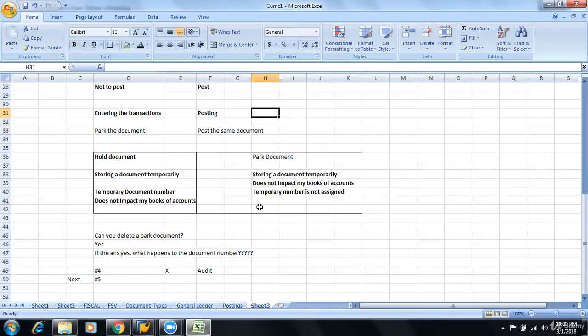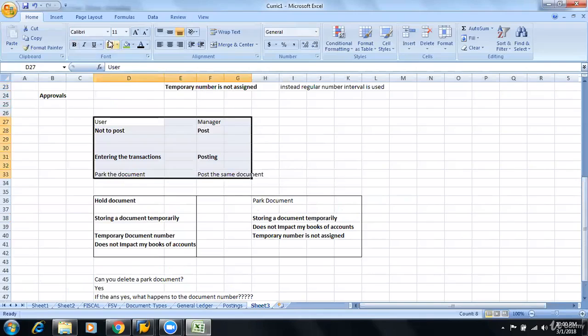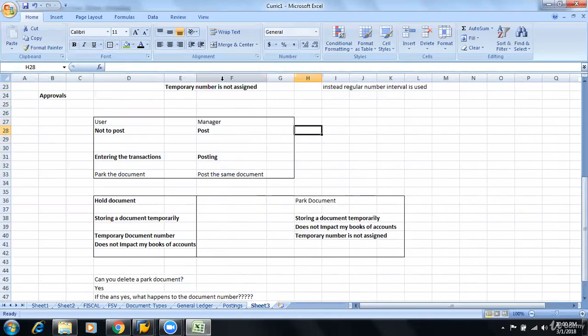My exact point is, coming back to this scenario where a user cannot post, a manager can post. Agreed. The user enters the document and the manager posts the same.